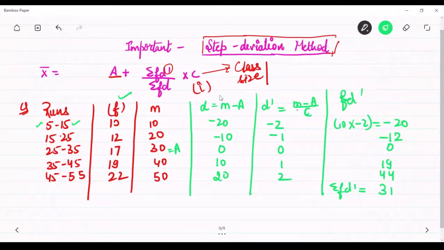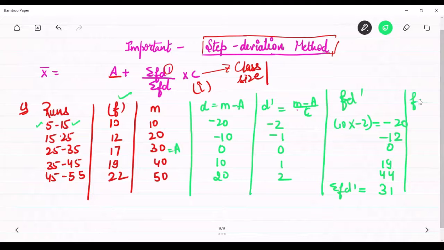And also we need sigma F, over here, right? So what is sigma F? I will add a new column over here.